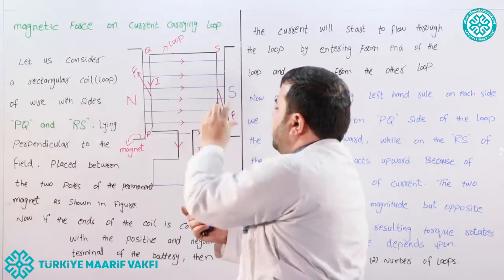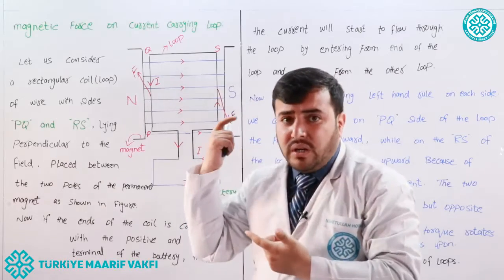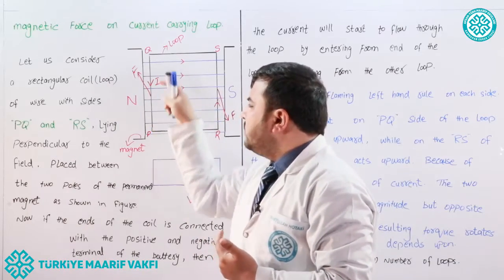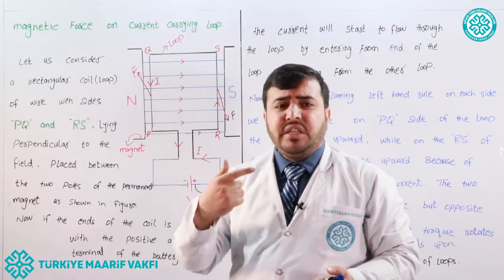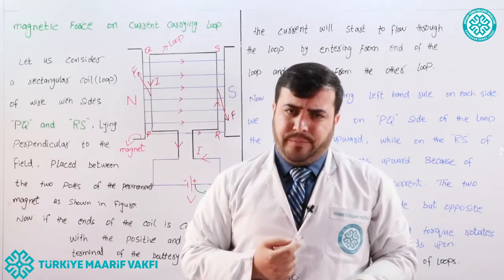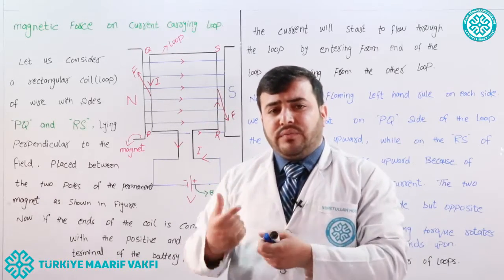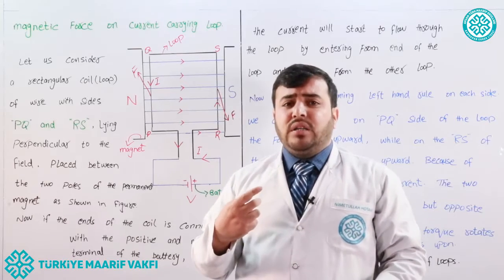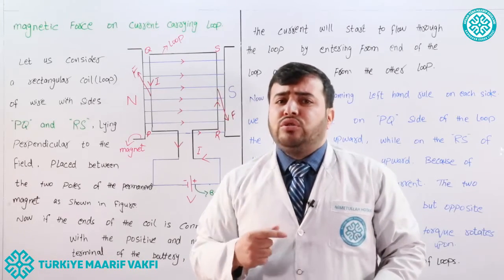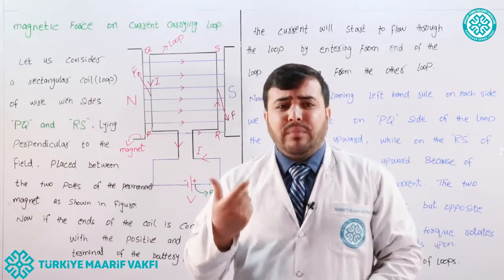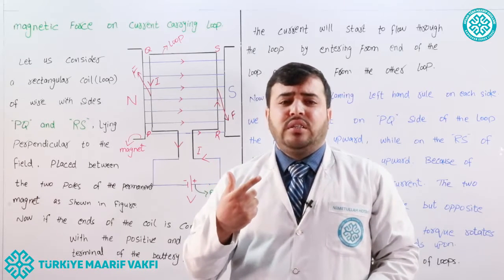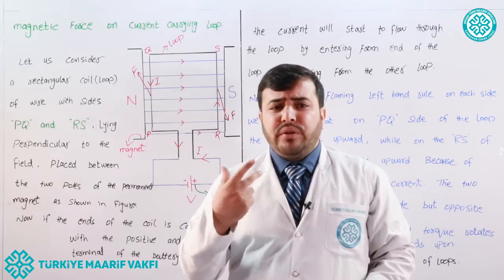In the RS side the force is acting inward of the screen, and at the PQ side the force is acting outward of the screen. As these forces are equal in magnitude but opposite in direction, they will form a couple, and the resulting torque will be produced.